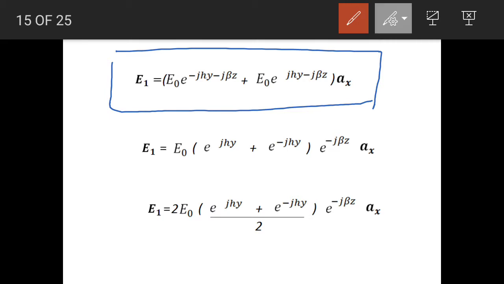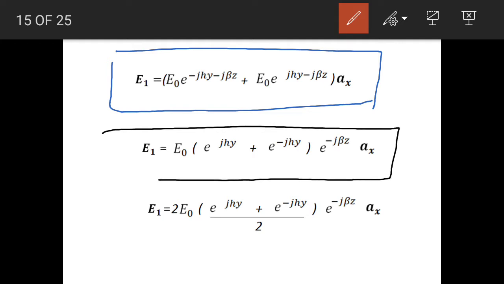So the first equation can be written as E1 is equal to E naught into e raised to power jhy plus e raised to power minus jhy into e raised to power minus j beta z, and the unit vector ax gives you the direction of the electric field intensity in the central layer of the symmetrical slab waveguide. What we do, we divide and multiply the right hand side of this equation by 2.